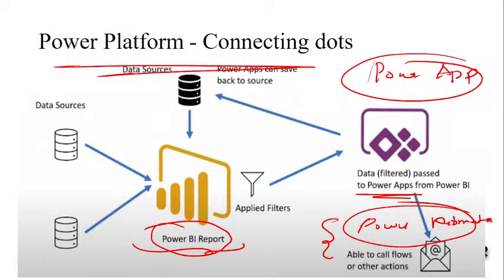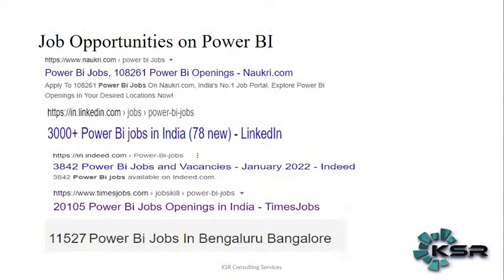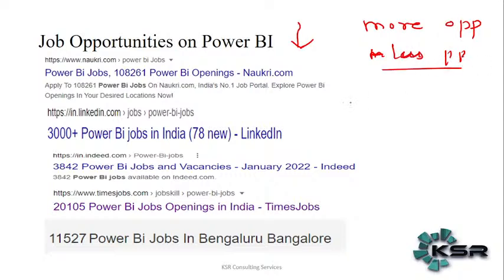Now the next thing you need to understand is there are job openings available, but people say that the calls have gone down. The reason is initially there were more opportunities and fewer people. Now it has turned into more opportunities, more people.